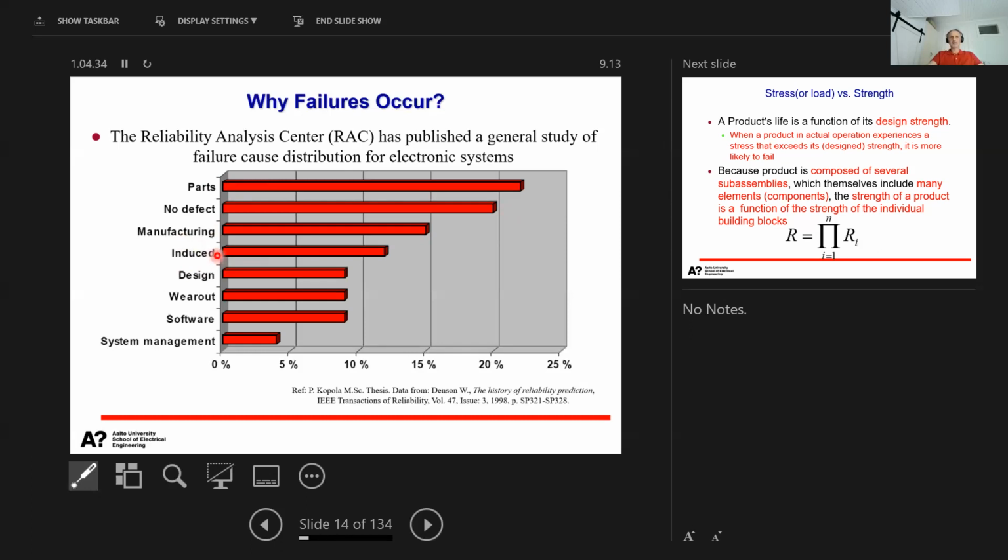For example, if you are hitting your phone with a hammer, then maybe that's not a problem from the manufacturer point of view because that's a clear misuse. And then the challenge is, of course, where the borders are drawn. So what kind of environmental conditions your product can be used in and what not.